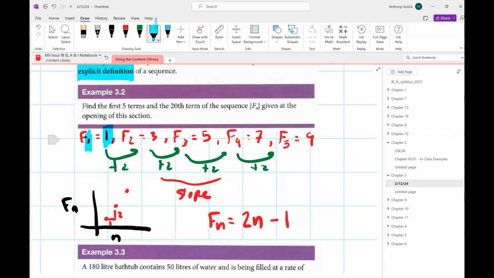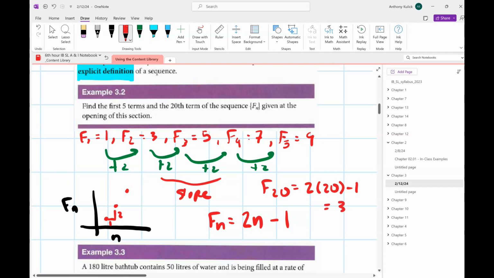So I'd have to subtract 1, right? 2 times 1 is 2. If I add 1, I'd have 3. Uh-oh, that's the wrong spot. I should be subtracting 1. We'll look at doing that more systematically here in the next section. But it's okay, right? So 39 is the 20th term.